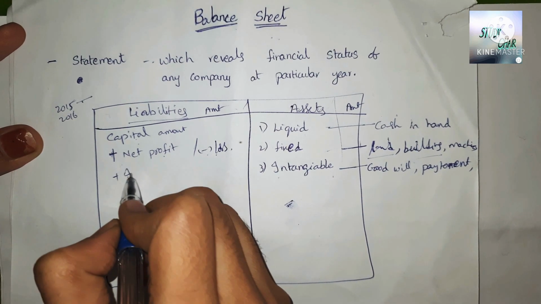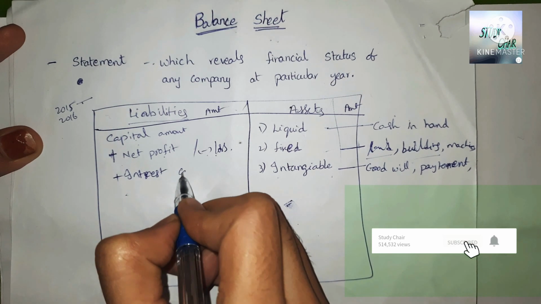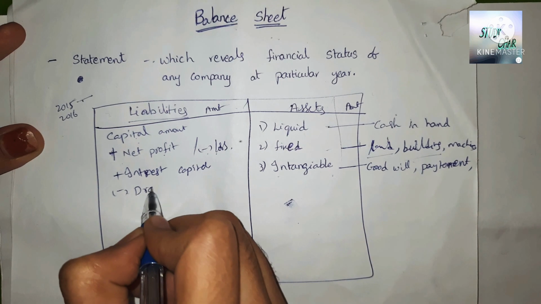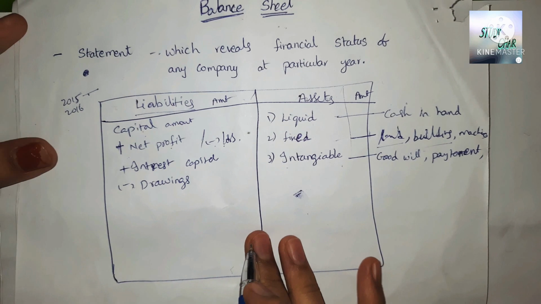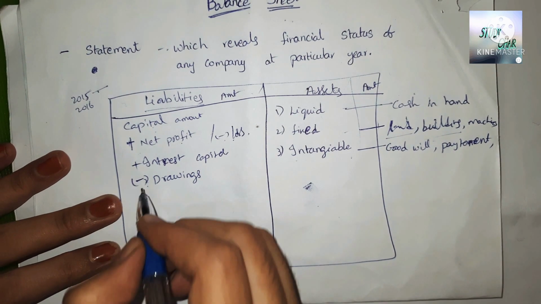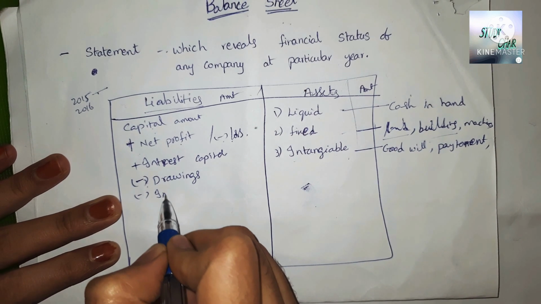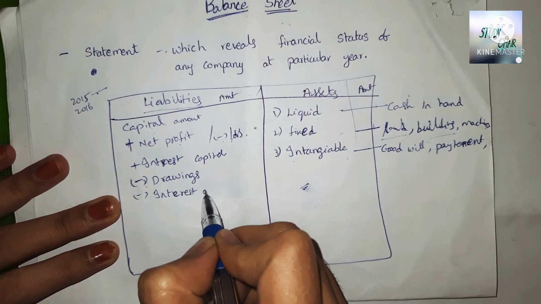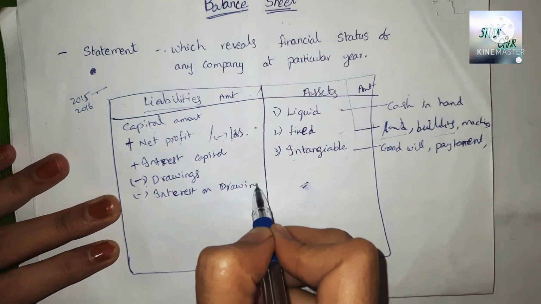And then interest on capital we will also add. Next, drawings. That means whichever money is withdrawn for any use, those drawings will be subtracted. And then the next one, interest on drawings. For example, if we take loans, then the interest on those loans will be deducted.